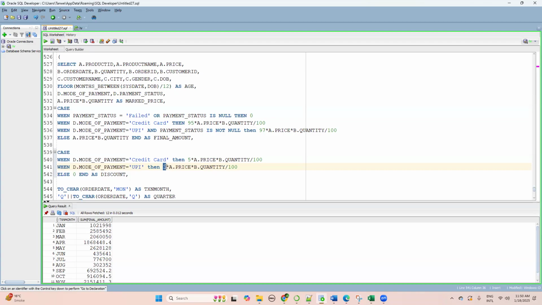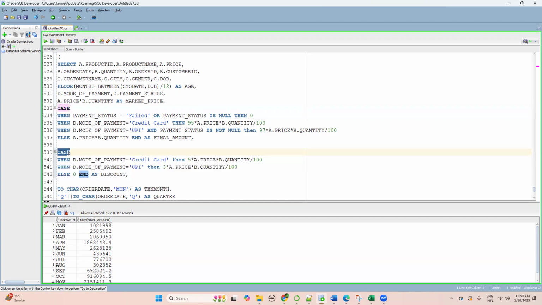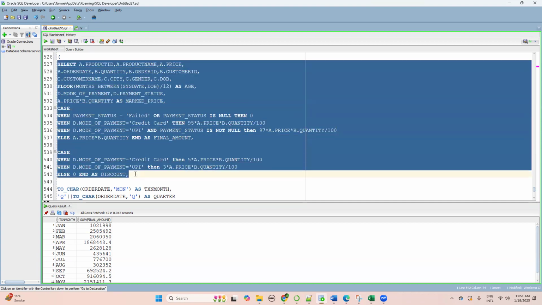Okay. So net here we are trying to find the discount and we are showing that to the user. And here again, you see we have the case statement. Now, the second important point which I want to explain here: in this select, from 527 till 542, how many case statements have we used?